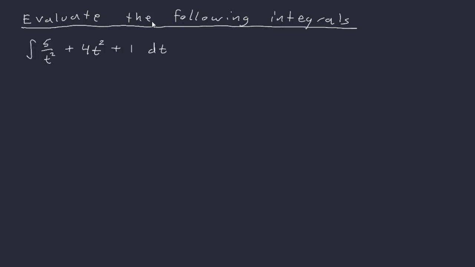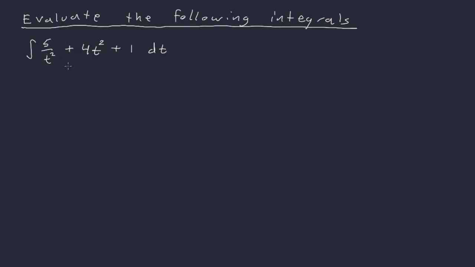All right, for our next example, let's look at the integral of 5 over t squared plus 4 times t squared plus 1 dt. Now, I guess we haven't really talked about some of the things that we'll look at here, but here's my advice. We're going to rewrite this piece as a power.